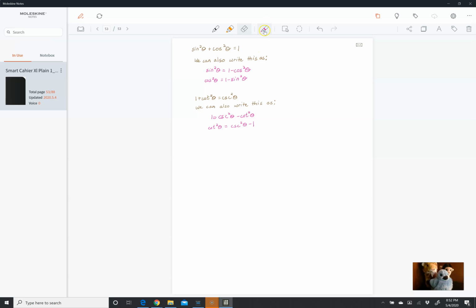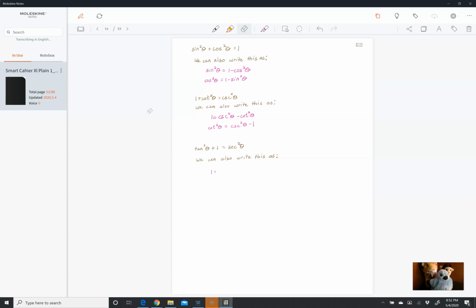And finally, we could take the third one. Third one we found to be tangent squared theta plus 1 equals secant squared theta. And again, we could either write it in terms of 1.